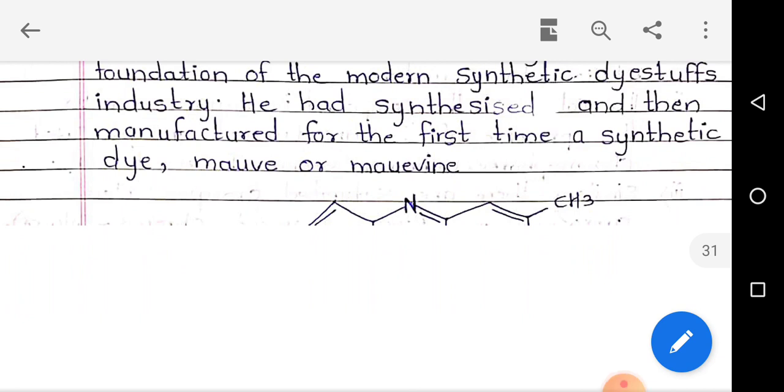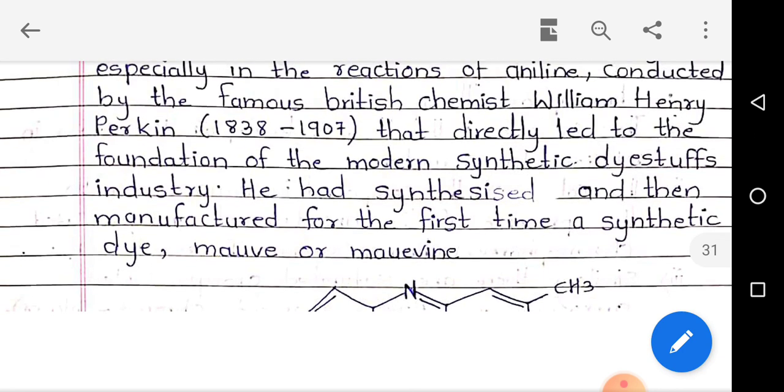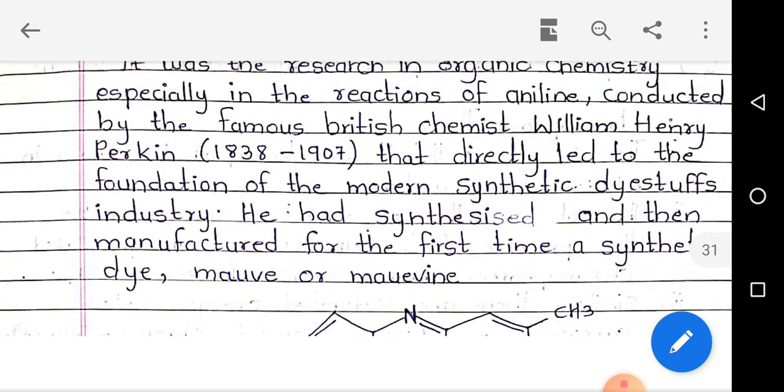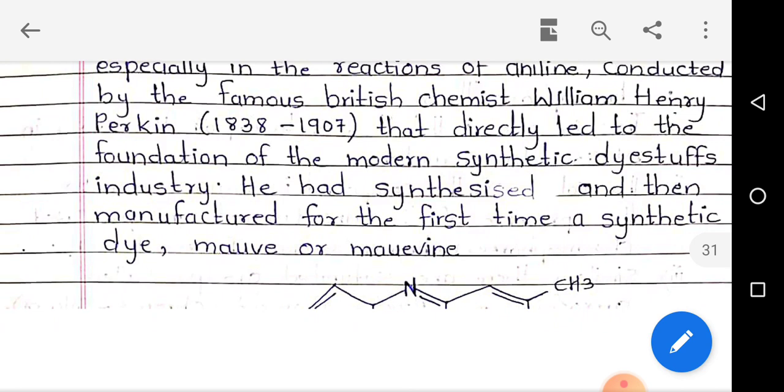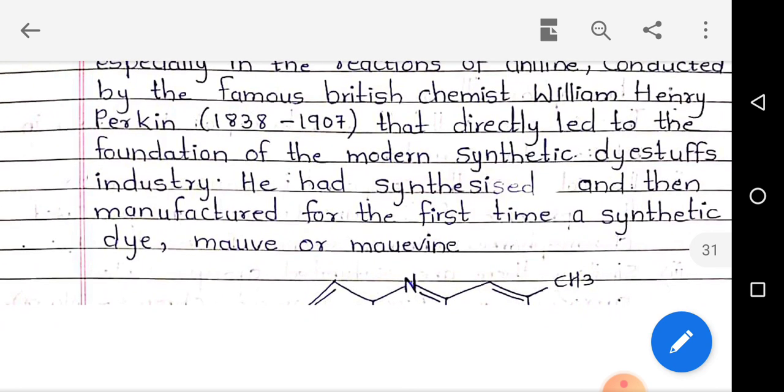We are at the apex, meaning we have developed maximum dyes, like heat-resistant dyes, and we use these types of dyes in day to day life. But the start of this is from the scientist William Henry Perkin, because he synthesized the first one. Its name is Mauve or Mauveine.